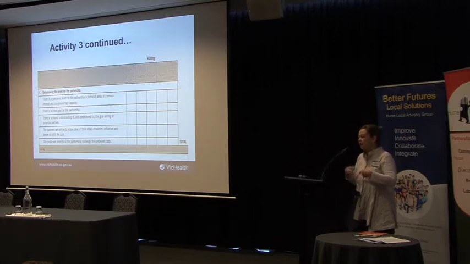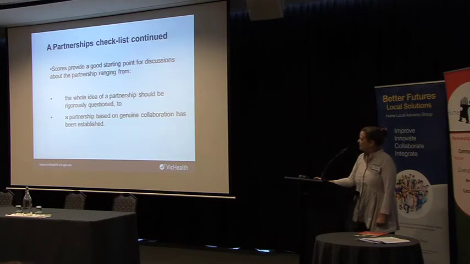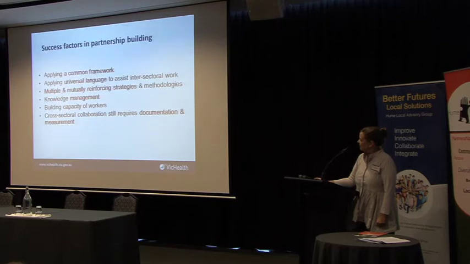We're often brought into conflict situations where we use this tool as a means of talking about a partnership. What may have gone wrong, what could be strengthened, why it's not working. Again, this is just one example of the types of questions that one might ask. It's all about triggering reflective discussion, which you can then think about sharing with others after you've had some consideration yourself. So they're the sorts of activities.